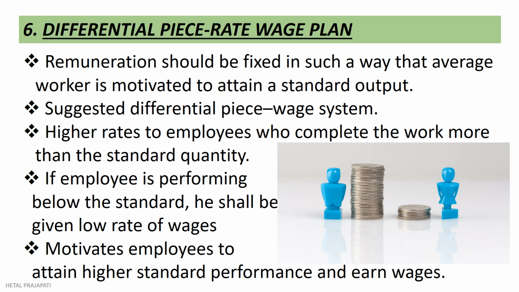In this way, even though B had produced only 2 units less than worker A, there is a difference in their wages of rupees 28. Worker B got rupees 4 per unit because he had not achieved the standard output.